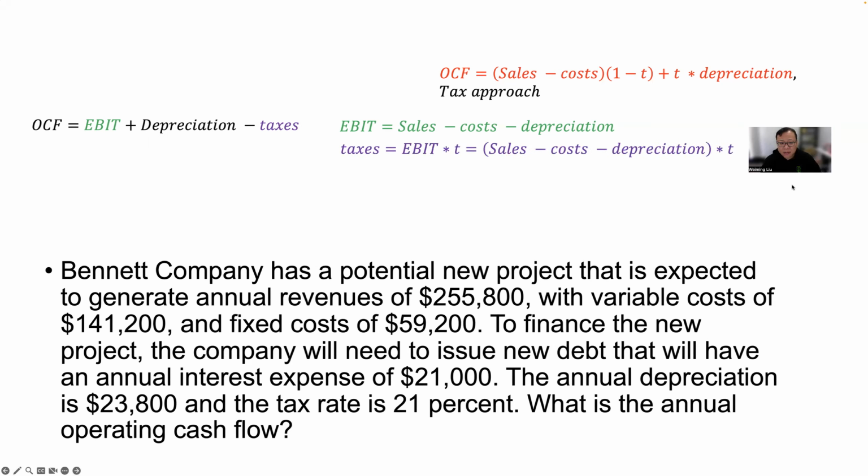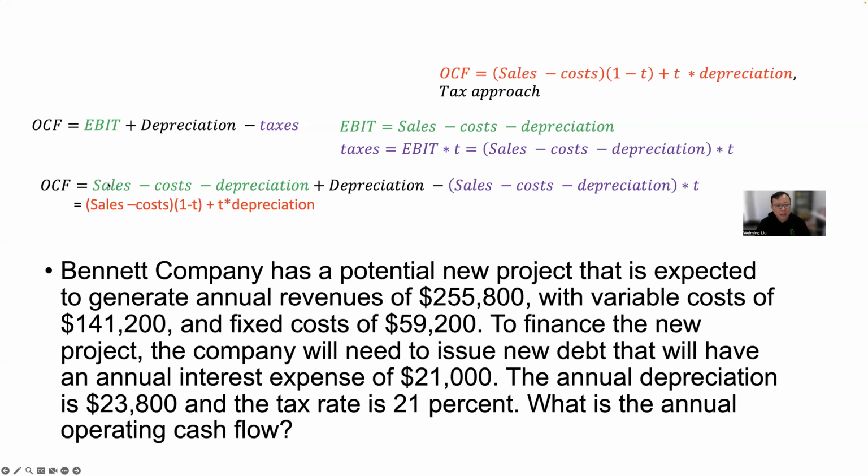Taxes will be EBIT times T. So that equals sales minus costs minus depreciation, times T. When you bring EBIT and the taxes into this original equation, what you get is sales minus cost times 1 minus T, plus T times depreciation.